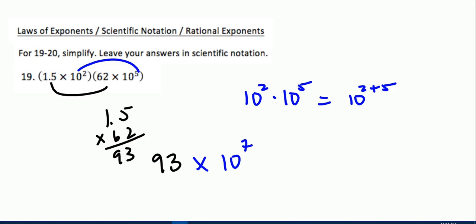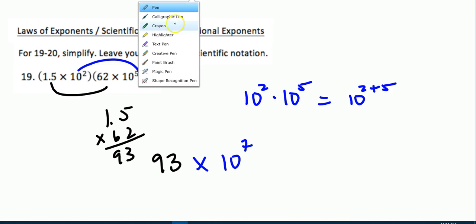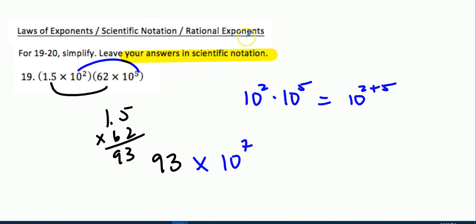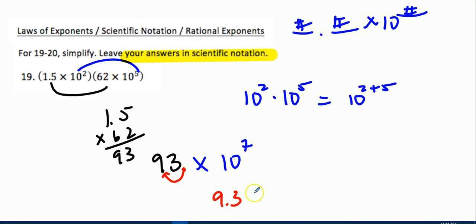Now, scientific notation, though, so remember, our answers need to be in scientific notation. That means that we need to keep a number times 10 to a number. So I have 93. I don't have 9 point anything. So my decimal place is starting here. I just need to move 1 here. So I get 9.3 times 10 to the 8th.